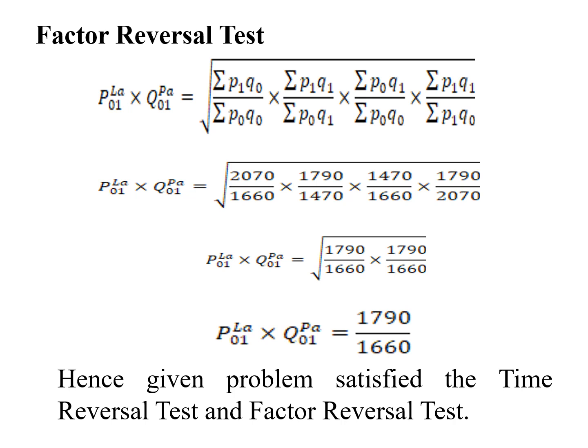From this we can simplify and take the square root of this value. What will be the factor reversal test value? 1790 divided by 1660. So the given problem satisfies the factor reversal test also.